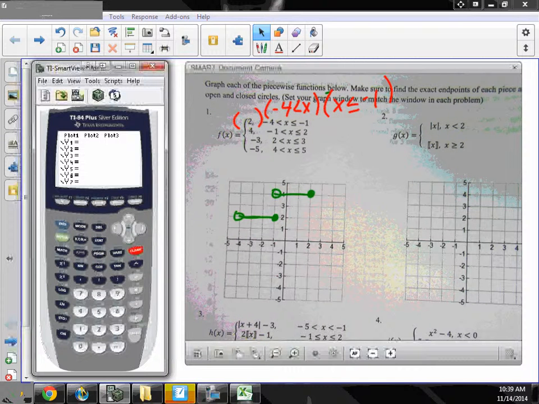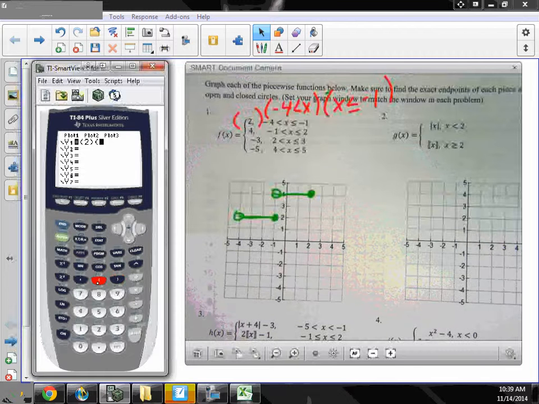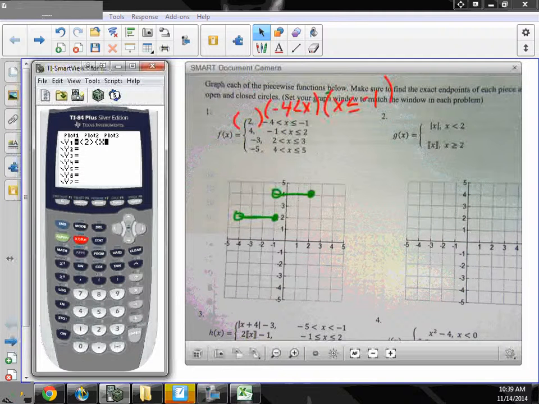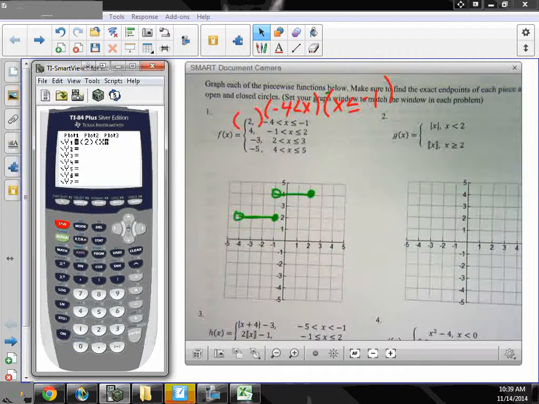So the first equation is parenthesis 2, and then I'm going to do x. To find the inequality signs, you go right here to test, which is second math. Second math, and then I pick number 5.